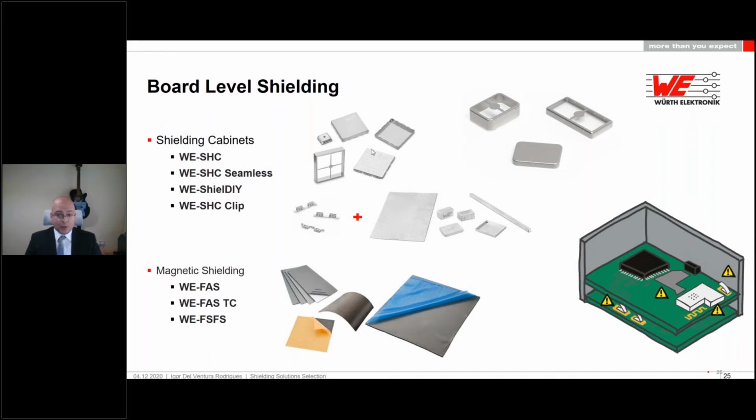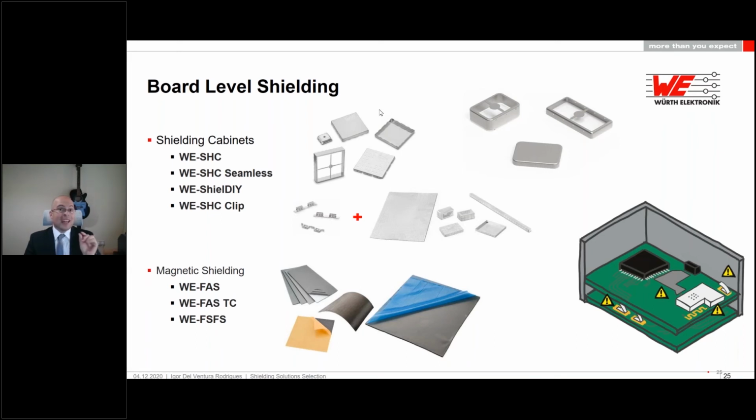The difference between them is going to be the frequency up to what they can work. Basically, the seamless cabinets, they don't have openings, as you can see here. They are sort of stamped parts. So if you zoom in into the image on this classic FSFS, you will see some seams, some little openings.